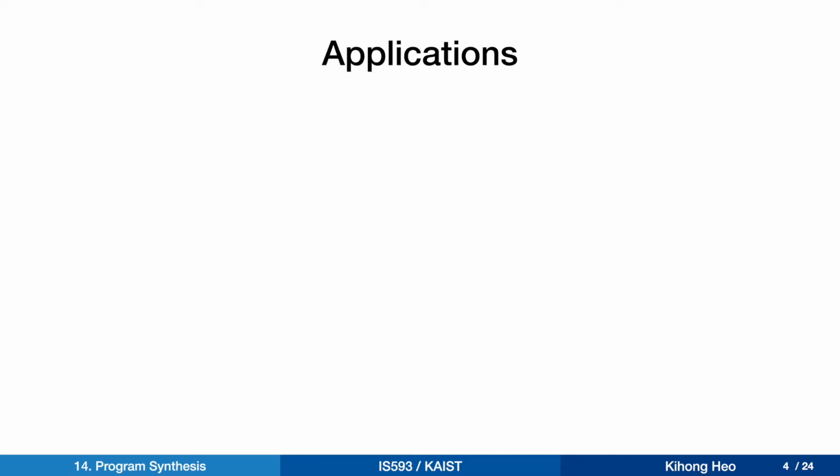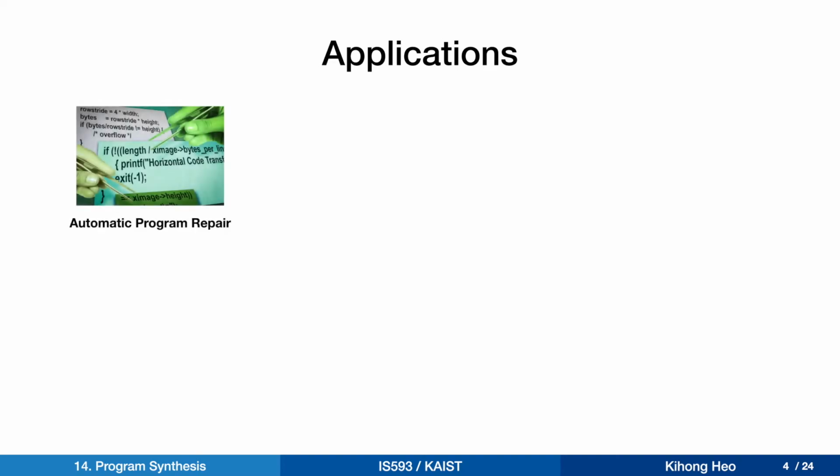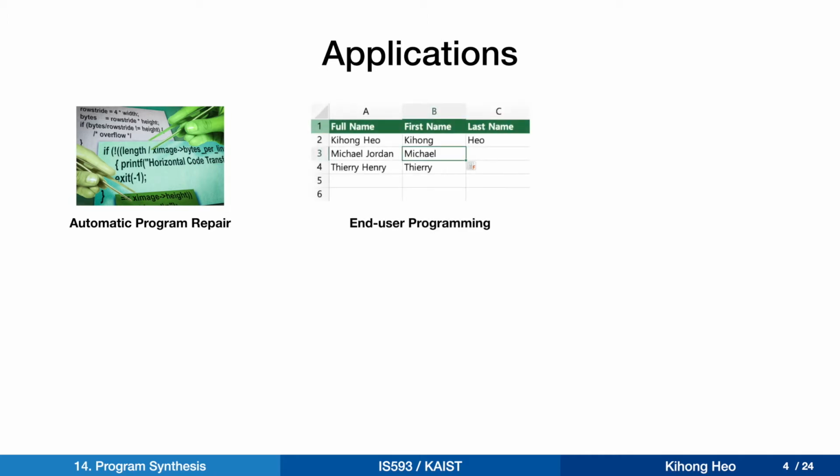There are many applications of program synthesis in practice. It can be used to automatically repair buggy parts of programs, or for end-user programming for someone who cannot write program code. One good example is Microsoft Excel. Once you give a list of examples, Excel automatically synthesizes a program that matches your example.